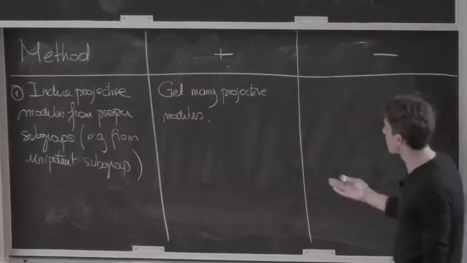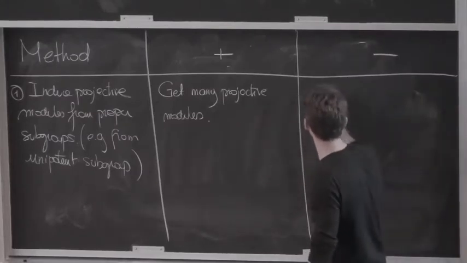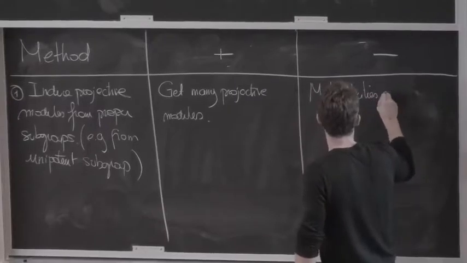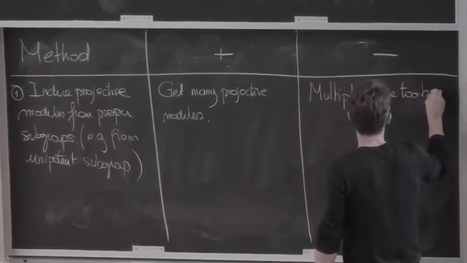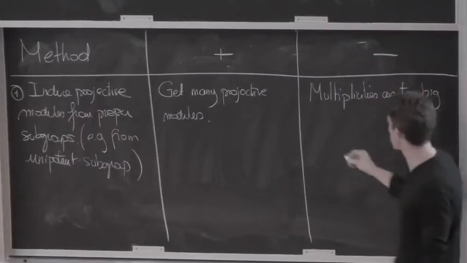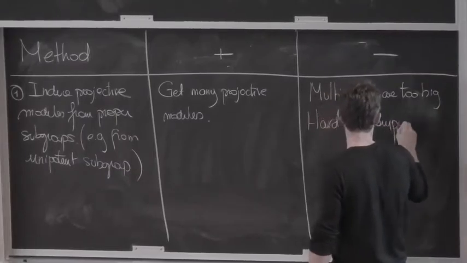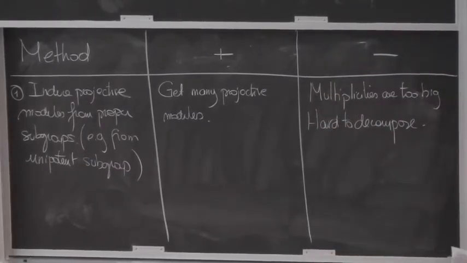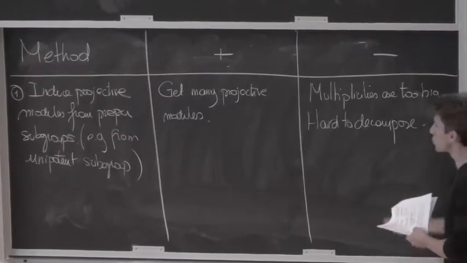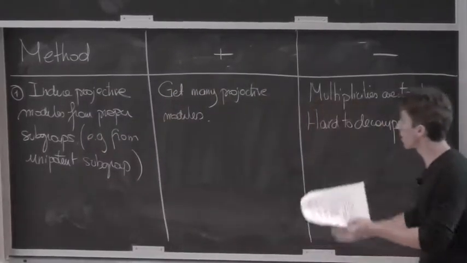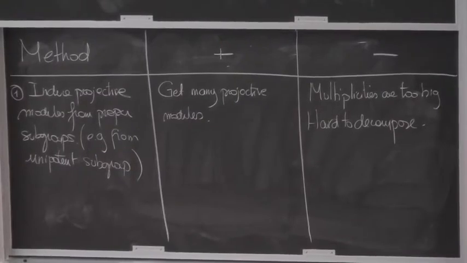That's somehow the bad situation of this. The problem with this method is that the modules you get are too big. The multiplicities are too big, they're not independent from Q, for example, and it's hard to decompose. But if you think about the framework you're working in, you're not working with any finite group, you're working with groups of Lie type. You want to do recursive arguments, and the proper subgroups you would like to consider are Levi subgroups, so reductive subgroups, and then you want to induce from them.